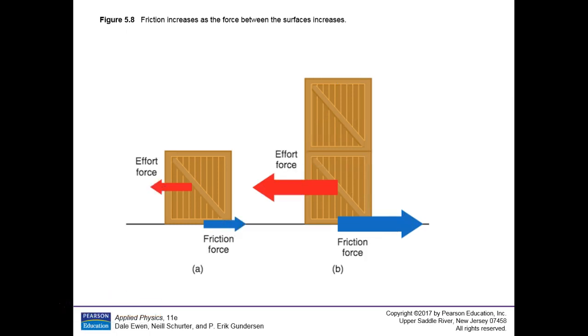Two workers push in the same direction on a large pallet. The force exerted by one worker is 645 newtons. Okay, it didn't give a direction here, so let's just have it this way. So this will be 645 newtons. The force exerted by the other worker is even greater.